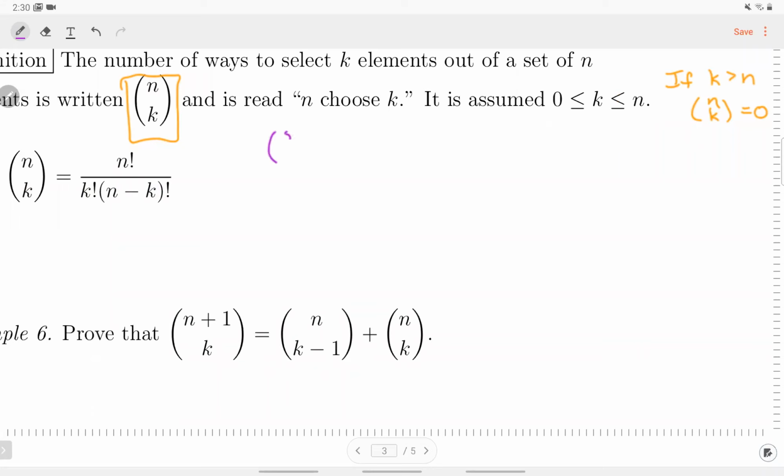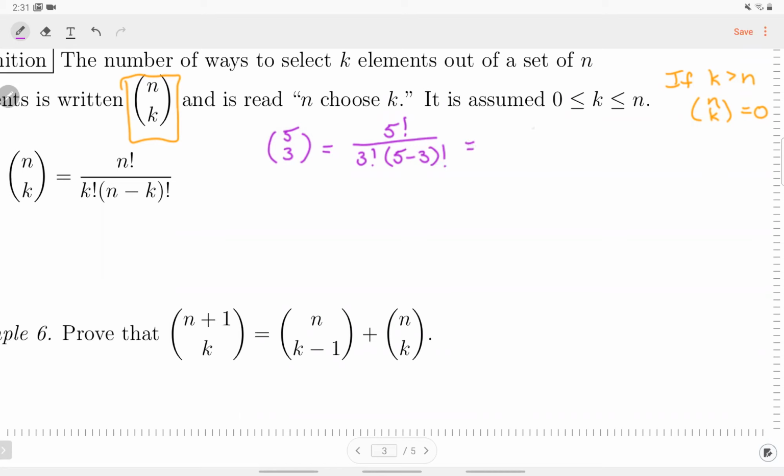So I had said 5 choose 3. Why don't we figure that out? 5 choose 3. So you have 5 people and you're going to choose 3 for your team. Well, according to my formula, I put n factorial on the top. So that's 5 factorial over k factorial, so in this case, 3 factorial, over n minus k factorial.